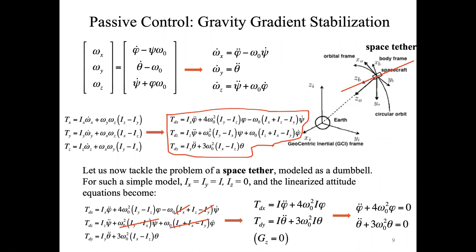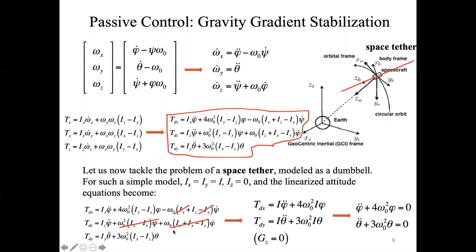The main goal here is to show where the gravity gradient can be useful. That's the reason why you see that Iz is equal to 0 because it is a space tether, and Ix and Iy are equal because of the geometry and the shape of the object.